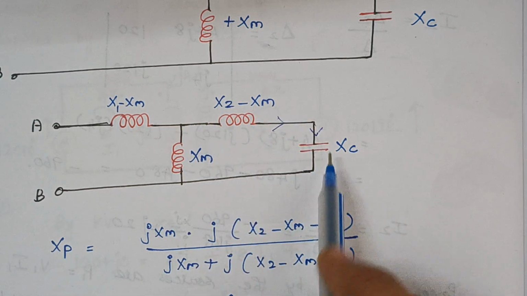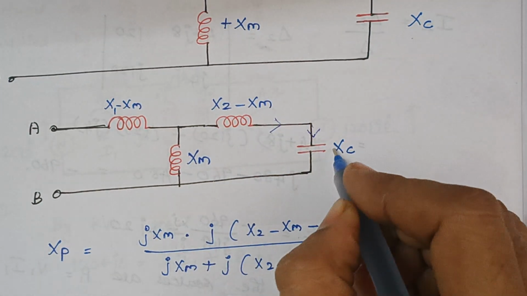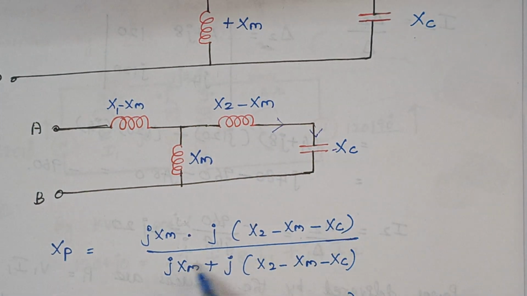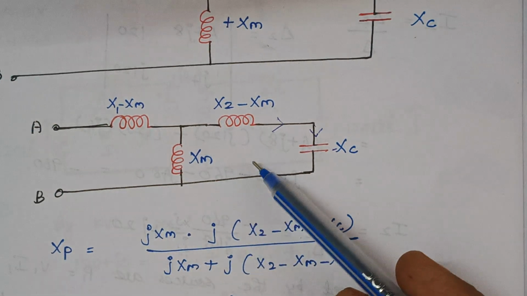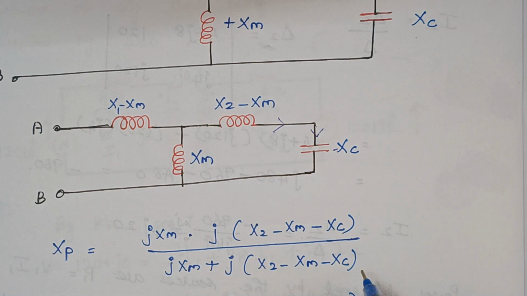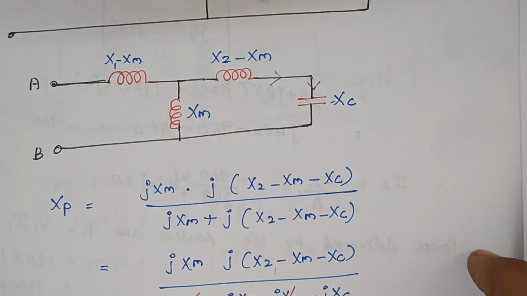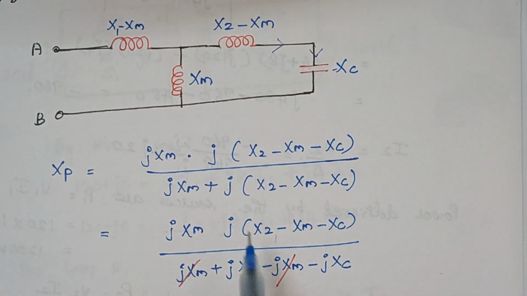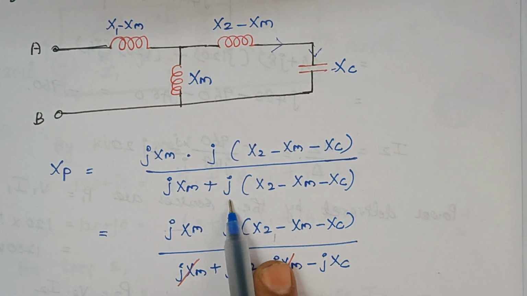When you add all these things, we get Xm into X2 minus Xm minus Xc divided by jXm plus j into X2 minus Xm minus Xc. Here I am multiplying these terms with j.